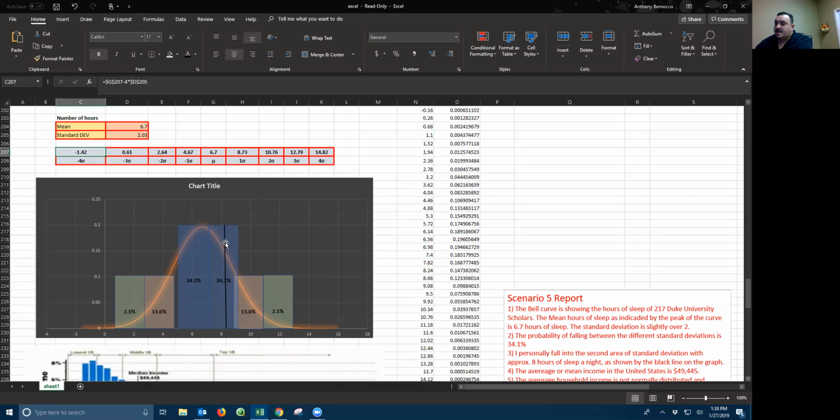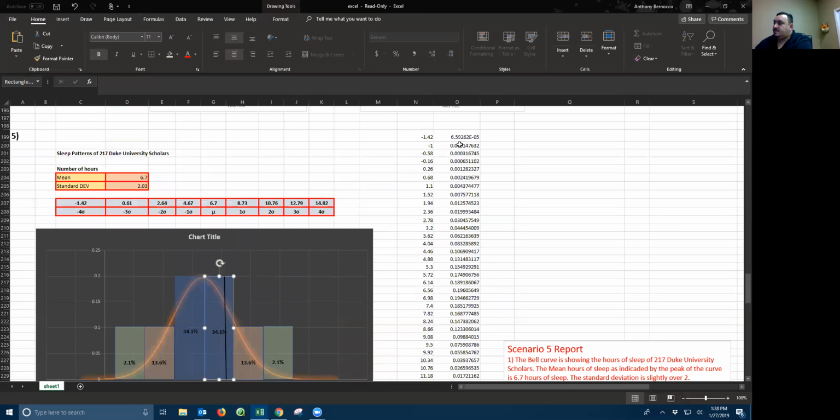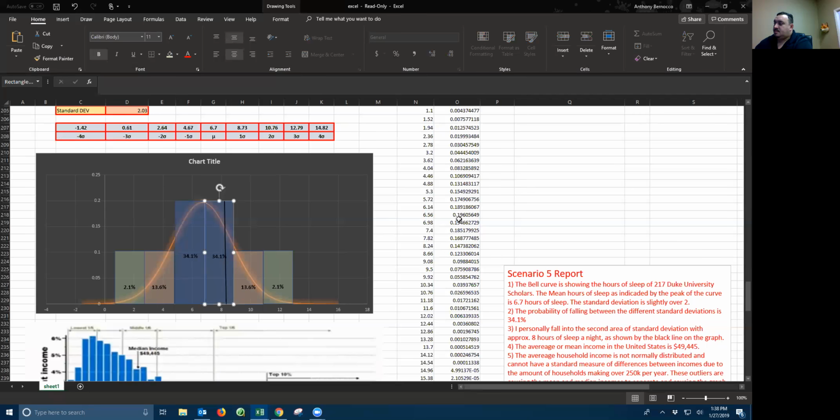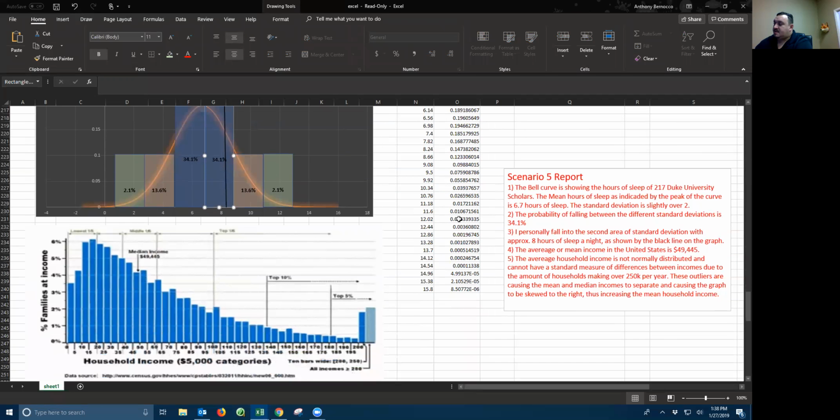I get about 8 hours of sleep a night. I'm old and I go to bed early. And there's that, and here's all the data that we used to come up with that.